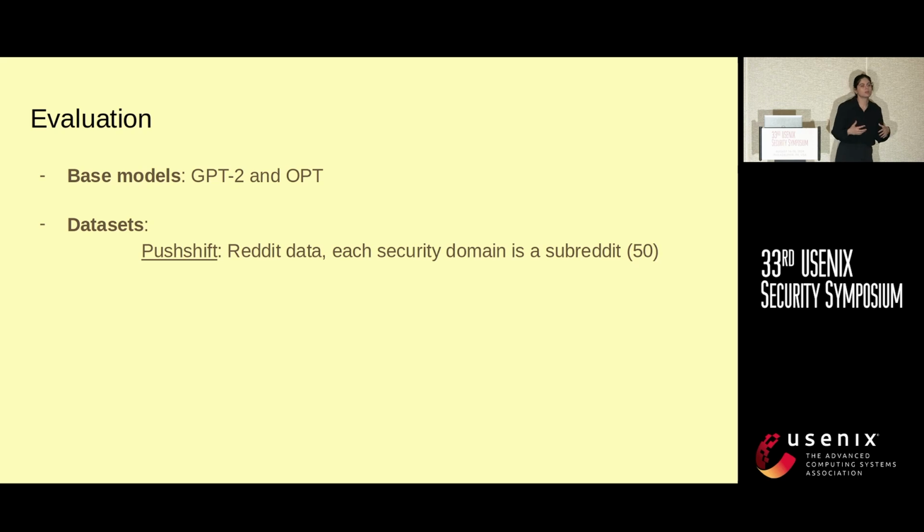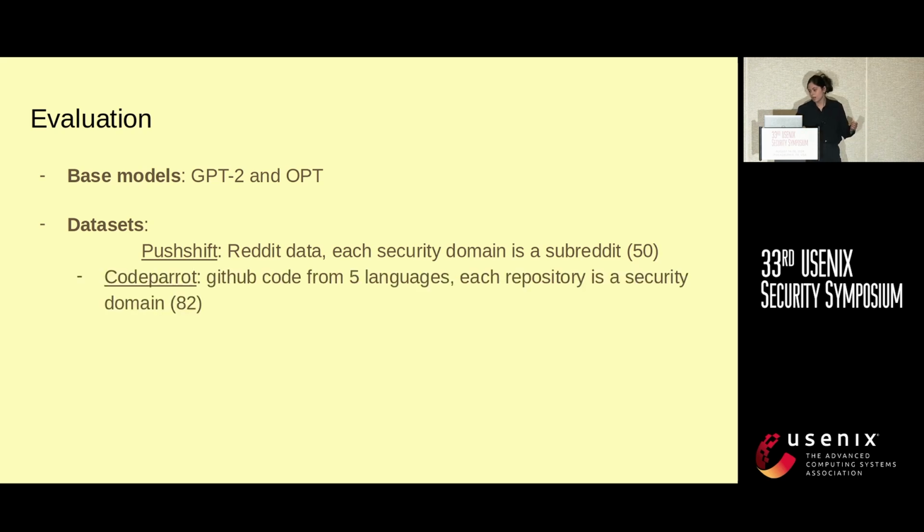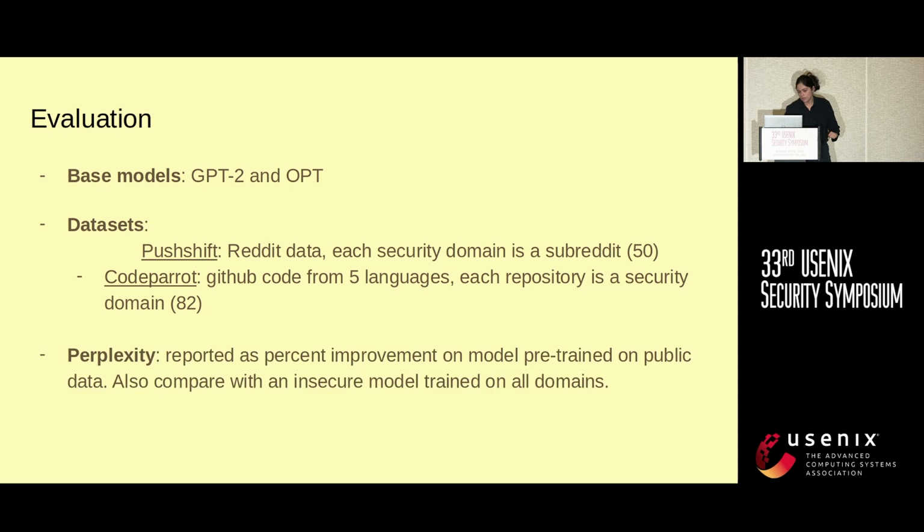Each subreddit was its own security domain, and we had 50 different subreddits, so 50 security domains. The second one was CodeParrot, another data set, and this was to simulate the scenario I had in the introduction, where we took different GitHub repositories from 5 different languages, and each repository was its own security domain, and we had 82 of those.